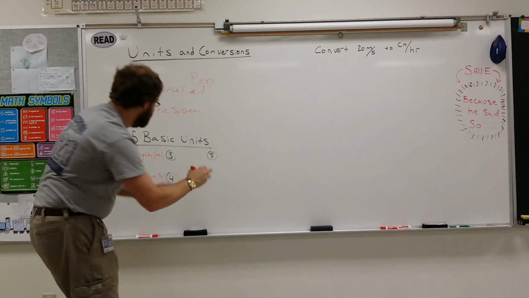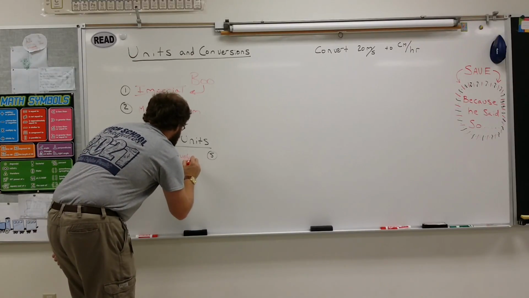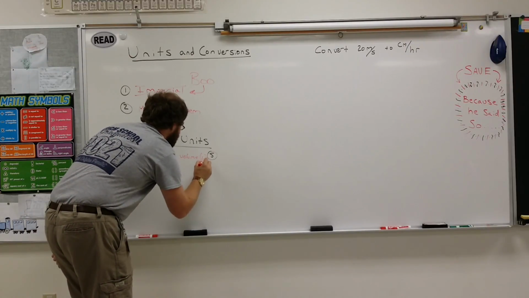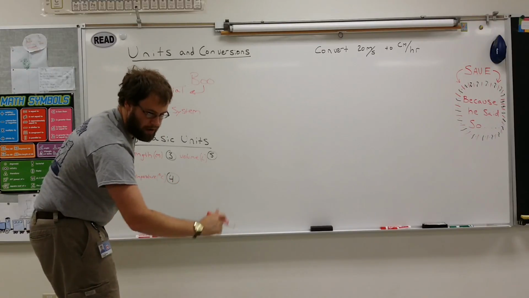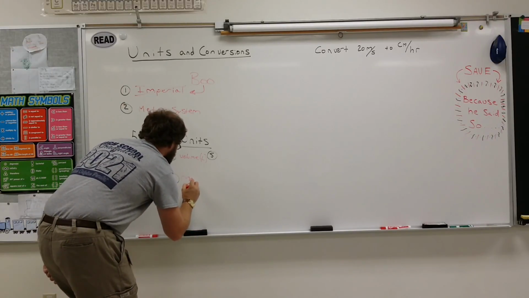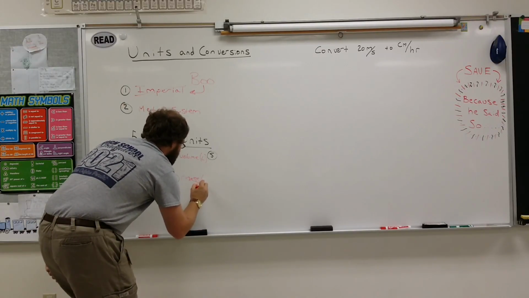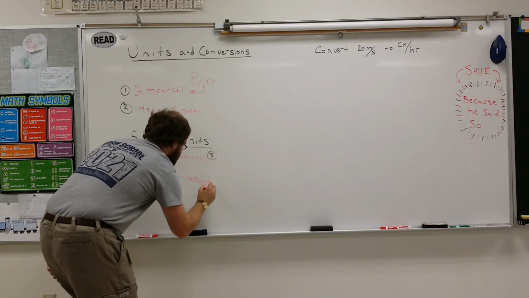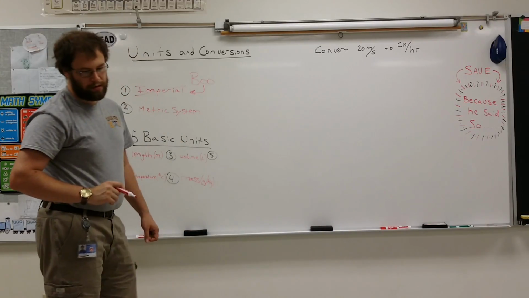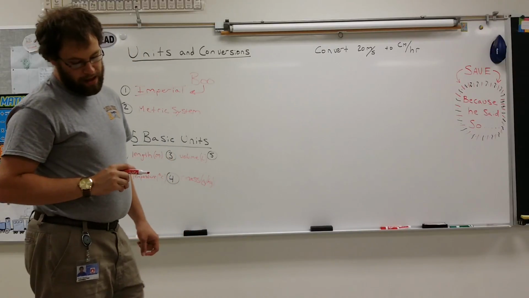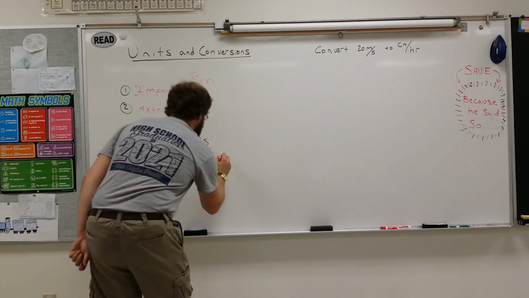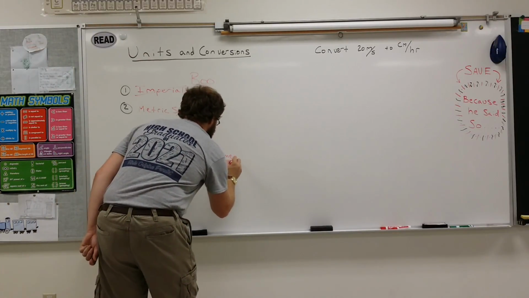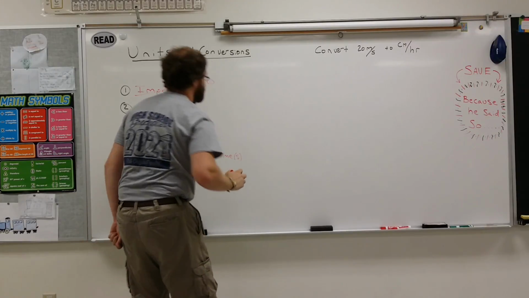There is volume, which is in liters. There is mass, which is in either grams or kilograms. Generally it's kilograms, but grams is a useful one as well. And then there is time. Time is always in seconds, because it is the smallest unit of time.